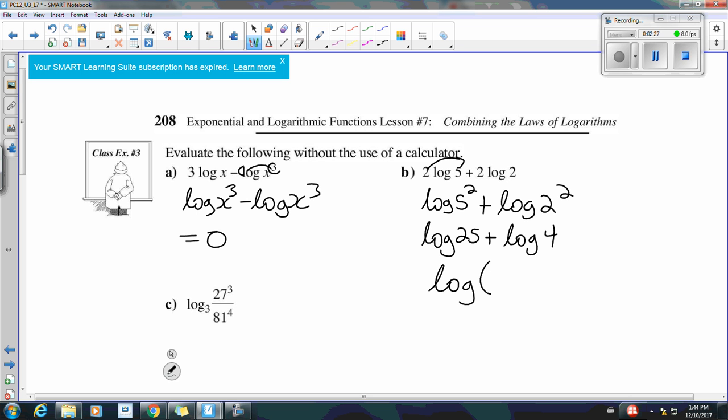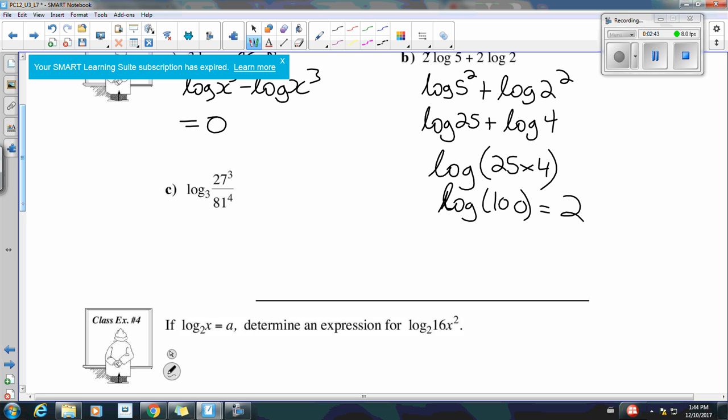These are being added, so to bring them together in one logarithm, we would multiply the arguments. So this is log of 100. 10 to the power of what is 100? 2. So that evaluates to simply be 2. Of course, on your calculators, you can do that evaluation without your log laws, but it becomes more important when there's variables involved.